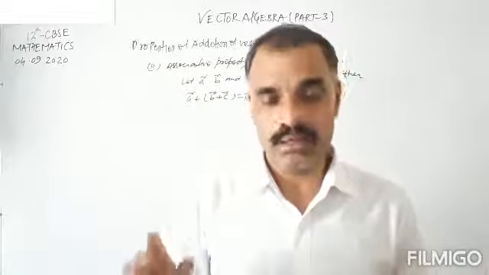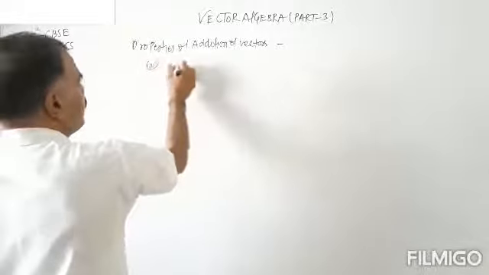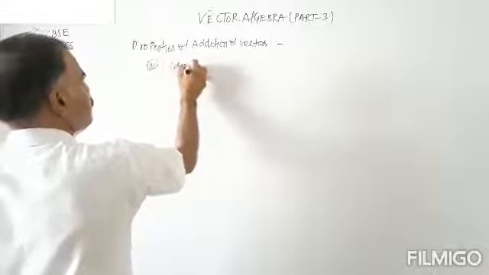Now comes the additive identity, or the identity for addition of vectors. Third property, that is identity for addition of vectors.